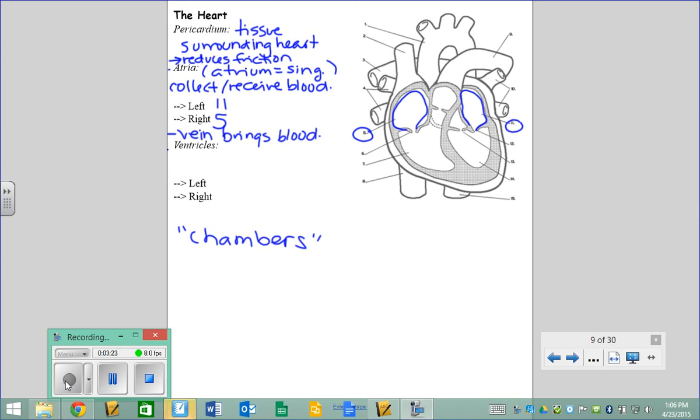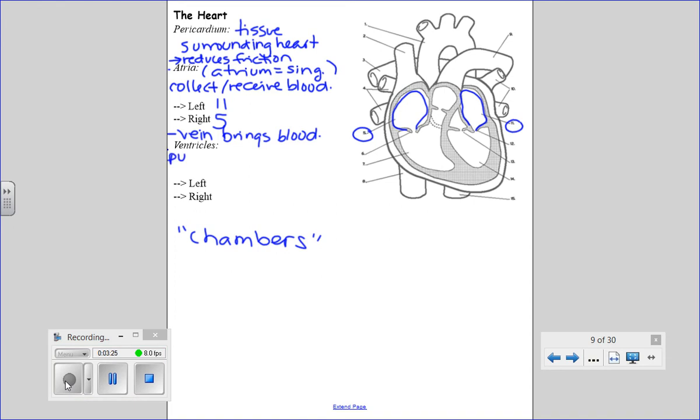The ventricles are the pumps. They are more muscular, they are larger. The ventricles' job is to take the blood that flows into them from the atria and pump it out to your body.